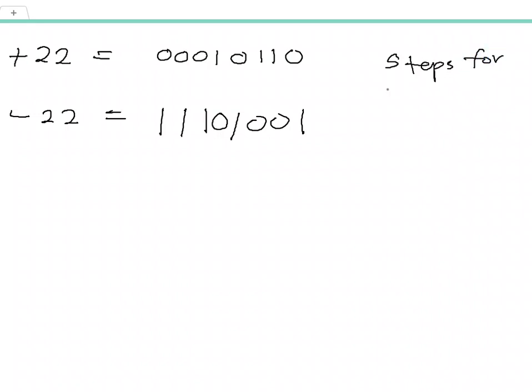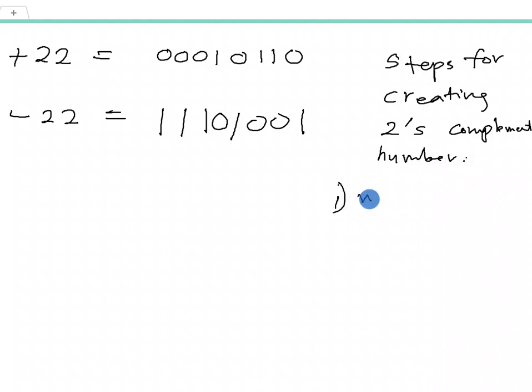Steps for creating a two's complement number. First, write the value in positive. For this one, use calculator.